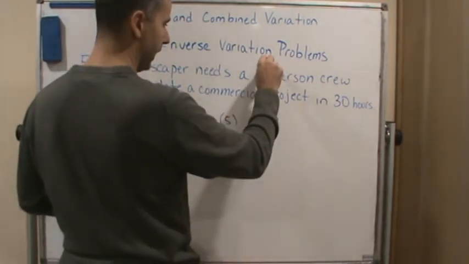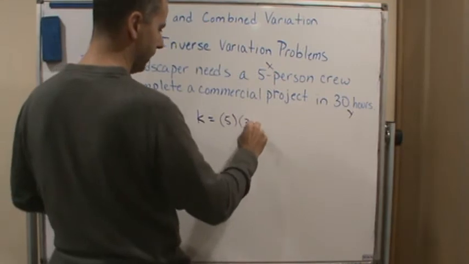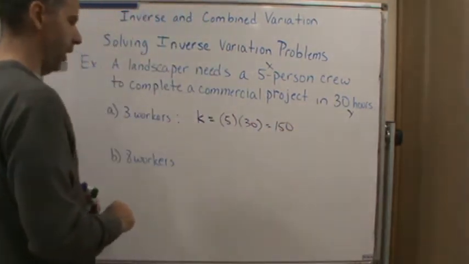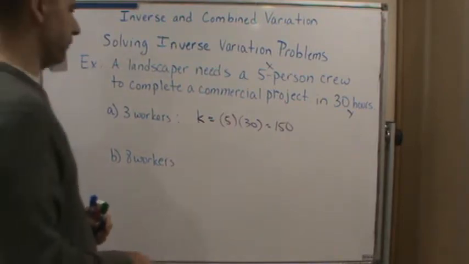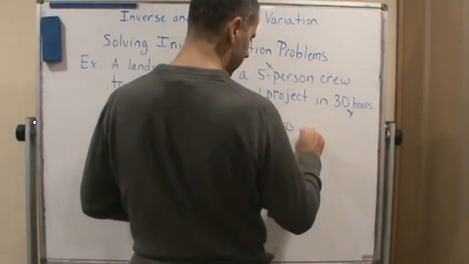So this is my X, this is my Y, so X times Y equals 150. So that's K.